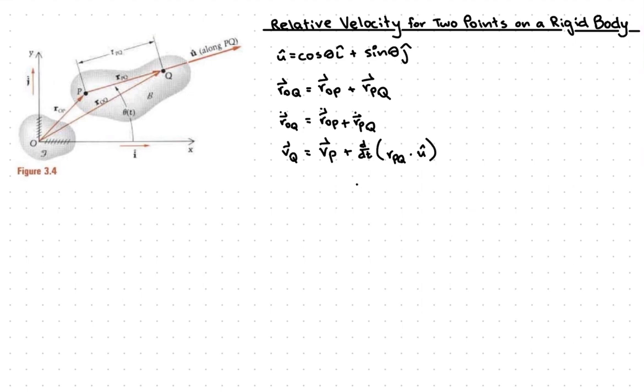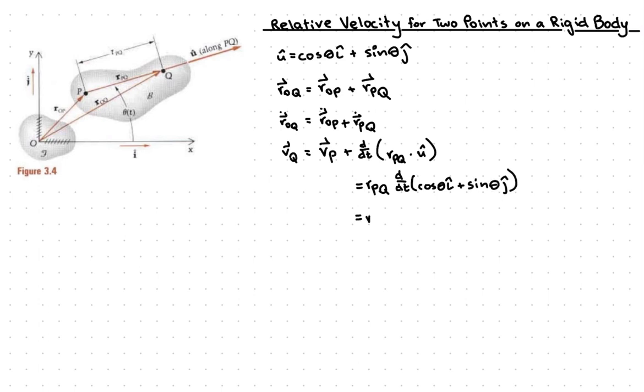So let's go ahead and take this derivative. We know that RPQ is constant, so we can pull it out of the derivative, and now we'll just be taking it with respect to u hat, which we define to be cosine theta in the i hat direction and sine theta in the j hat direction.